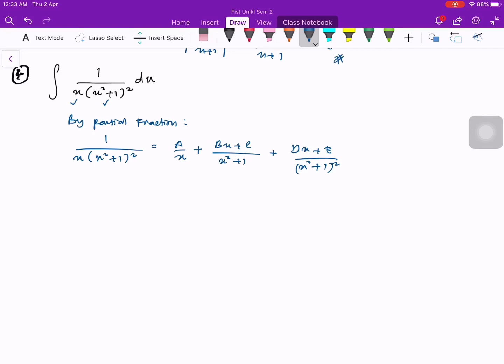Okay, so this is actually for a repeated quadratic factor for partial fractions.